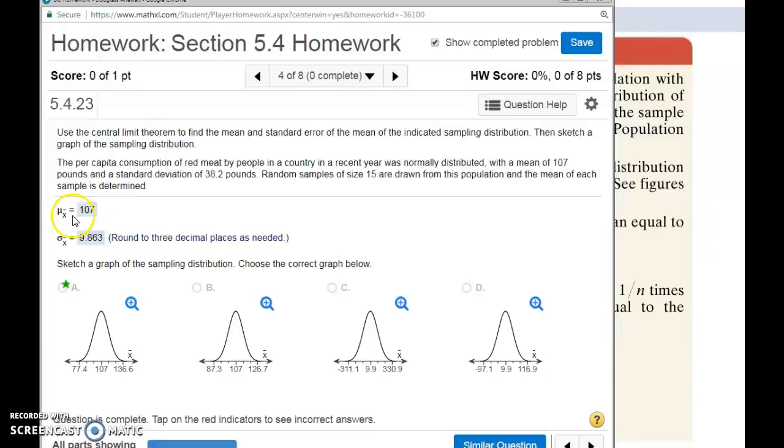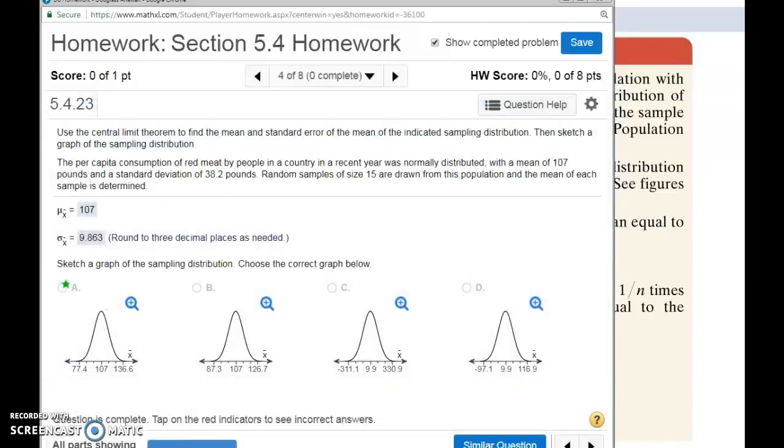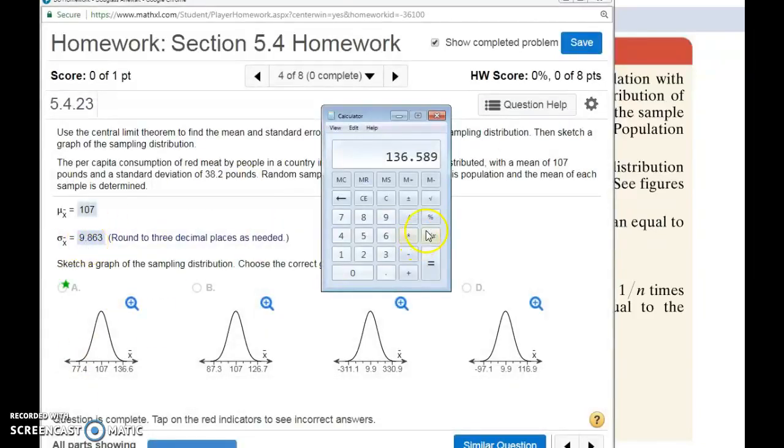Just like any normal distribution, you need to have the mean right in the middle. So pick a graph with the mean in the middle. Then if you look at the graph, it's got tick marks here, and these are indicating the standard deviations away. So 1, 2, 3 standard deviations away, it's saying is 136.6. And you can quickly check with a calculator that that's the correct graph.